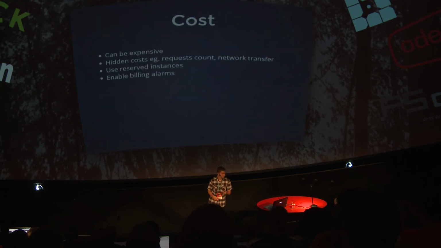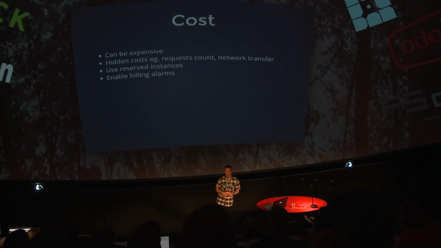And the last thing is cost. Well, using Amazon Cloud can be really costly because there are sometimes hidden fees that you don't look at first, for example, request counts, network traffic, and things like that.